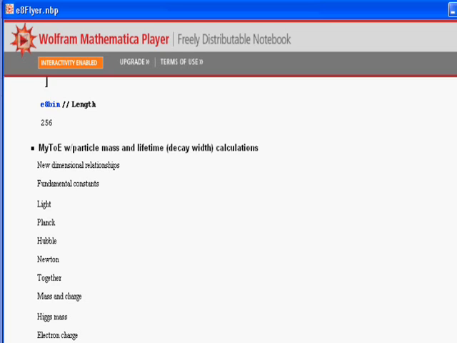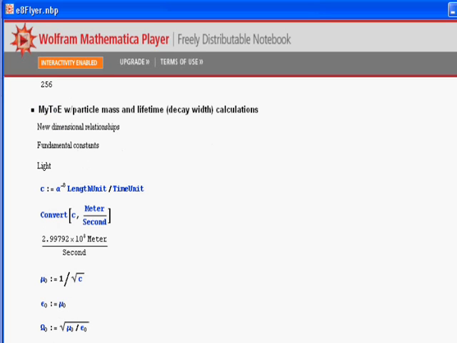That power is 8, corresponding to the 8 dimensions of E8. As we see, we define c as fine structure to the -8, multiplying that dimensionless fine structure by a length divided by a time, and converting it to meters per second, we get the speed of light.